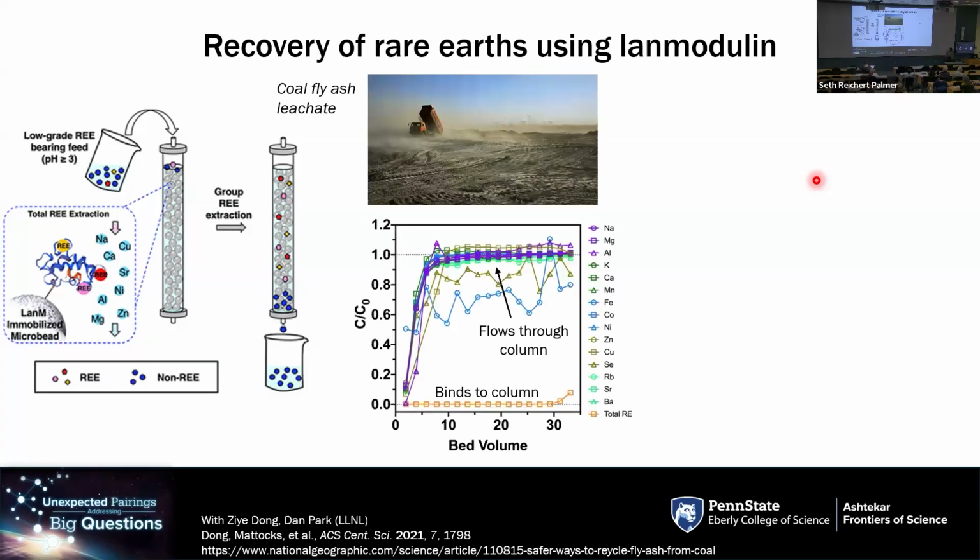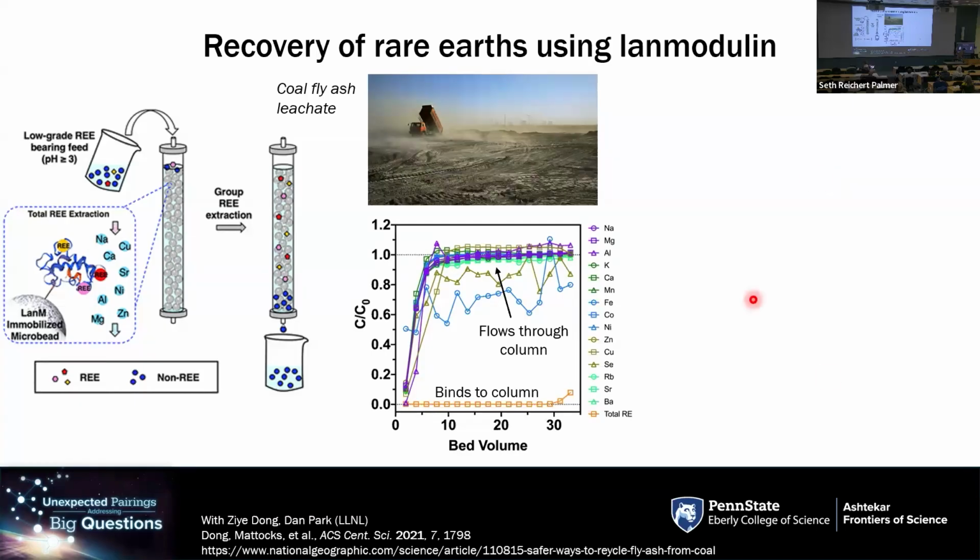And so to investigate this, we started with coal fly ash, which turns out also has a decent amount of rare earths depending on its source. So you can leach this and pass it through the column. And what was observed is that everything that's not a rare earth pretty much flows through the column.